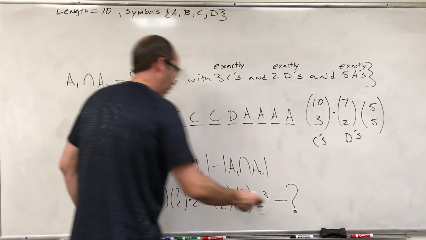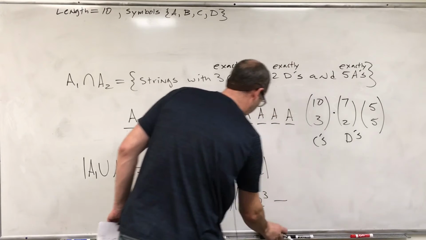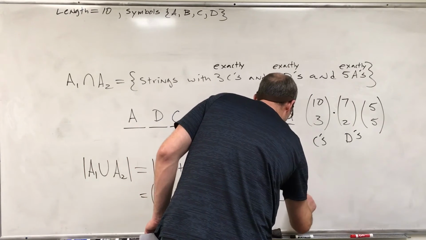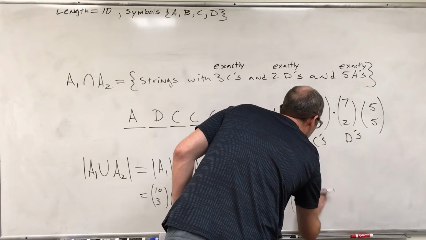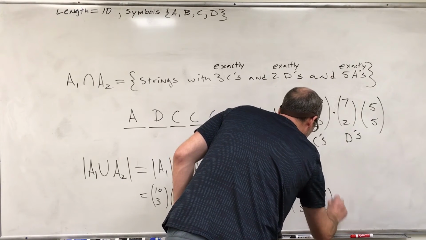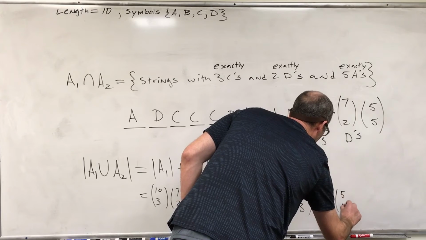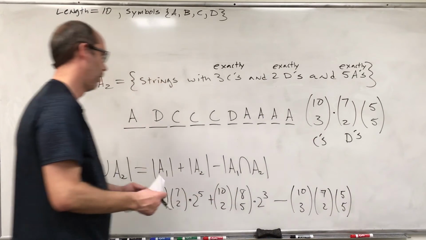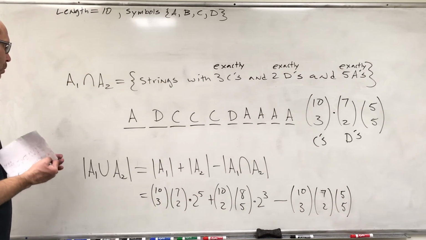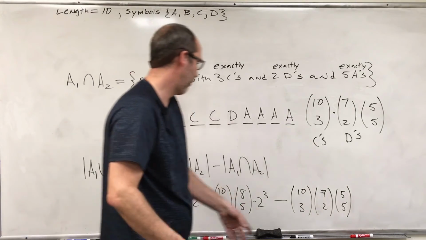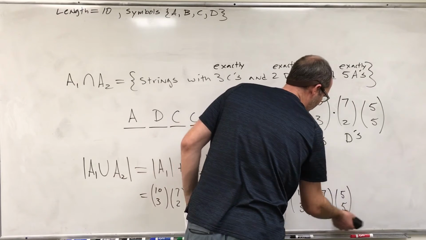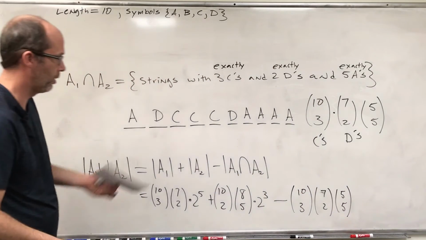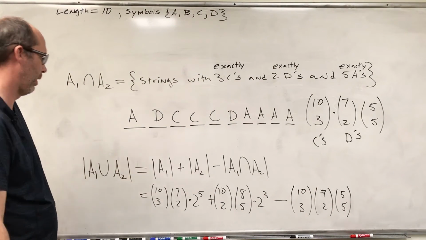So here we have 10 choose 3, 7 choose 2, 5 choose 5. What you may notice is that 5 choose 5 is 1, so we really don't have to have that on the end. You could just eliminate it because it's just a 1.